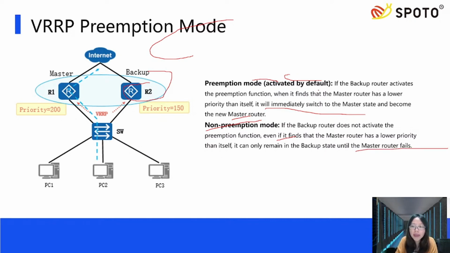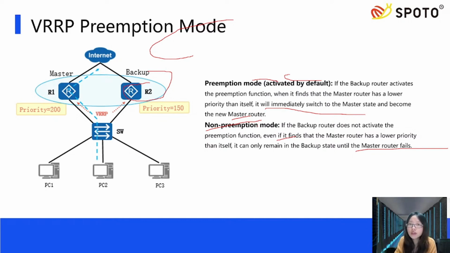Now enable the VRRP backup group in preemption mode. In preemption mode, when the master device status is unstable or the network quality is poor, it will cause the VRRP backup group to switch frequently, causing the terminal ARP table to be frequently refreshed.